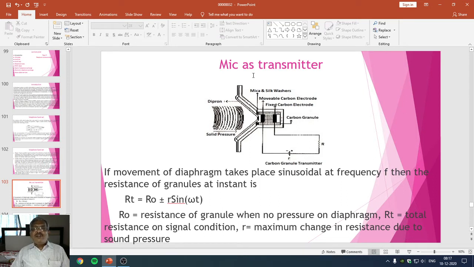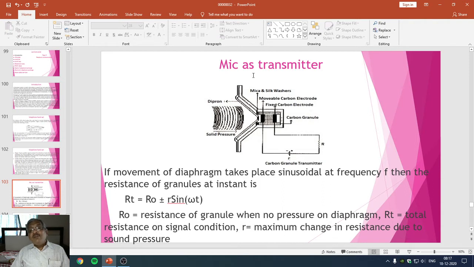Each block has its own individual function. We already studied the function of the mic, speaker, ringer, dialer, hybrid circuit, and cradle switch.